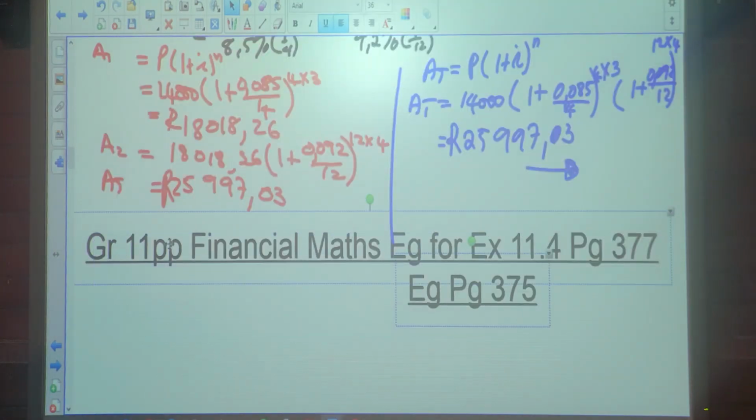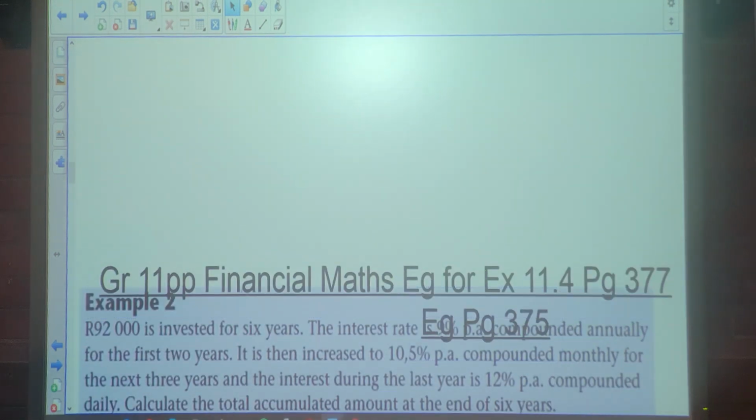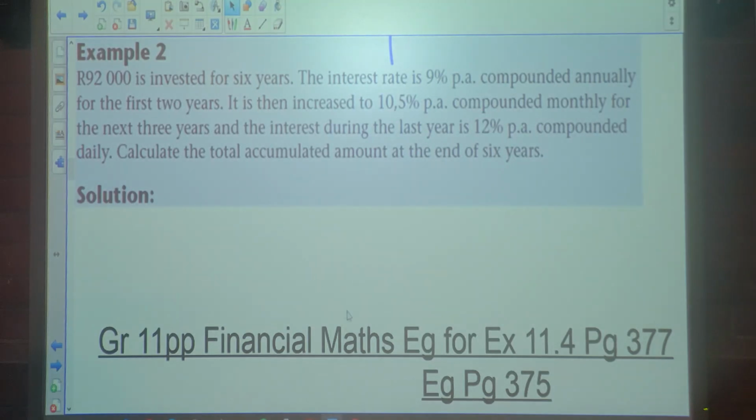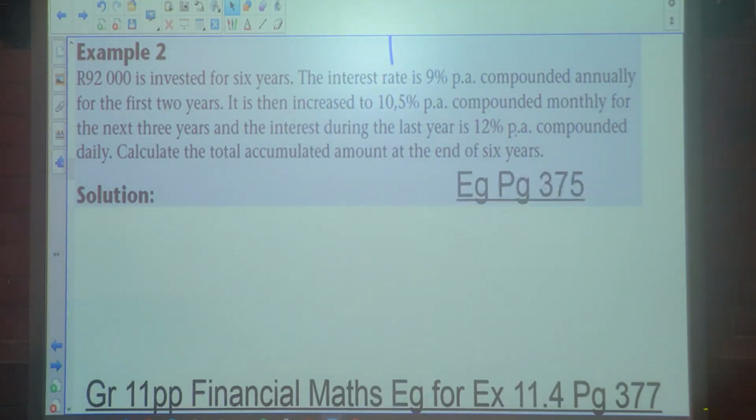Look at example 2. Example 2 is on page 376.